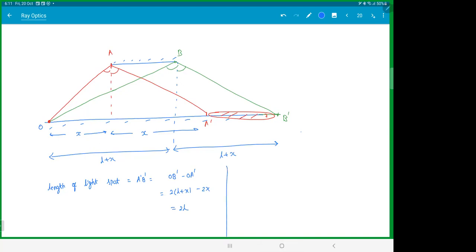And what about the velocity? If you look at VA, that will be dx by dt, which is V. If you want the speed of A dash, that will be d(2x)/dt, because OA dash is a length. That will be 2V. So therefore, the speed of the light spot is also double.